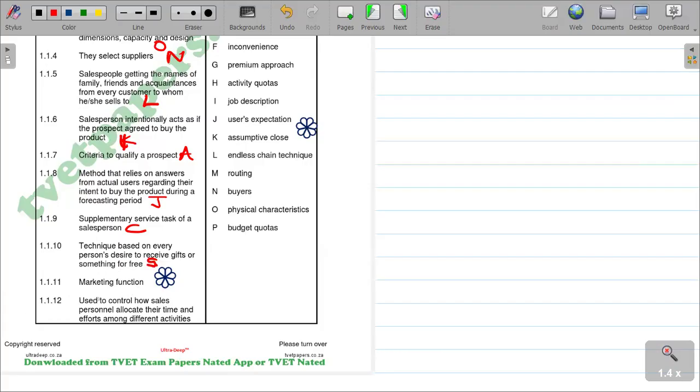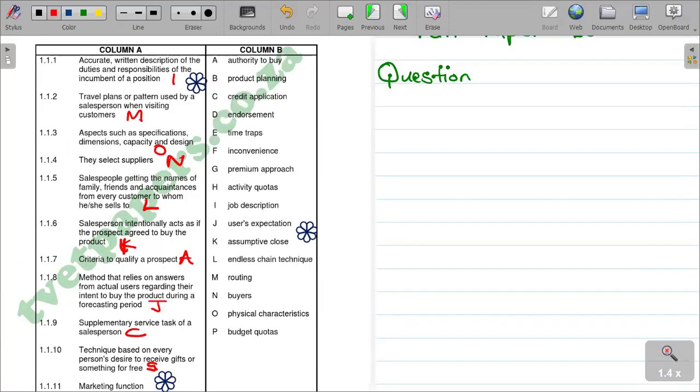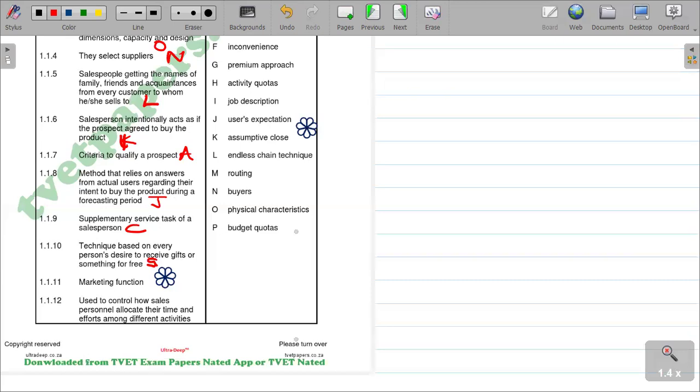Marketing function. Which one is a marketing function? Product planning. It's a marketing function, which is B, product planning.